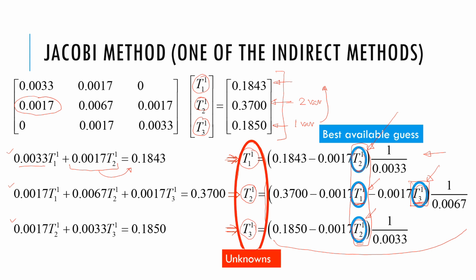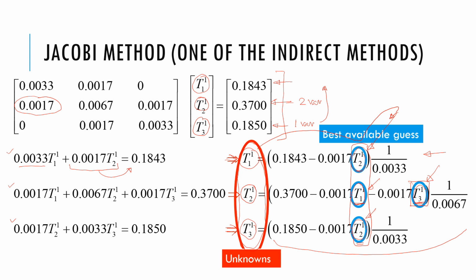And hopefully it does improve, and in general it does improve. And so we take the newly calculated values, and in my next iteration I plug them back in here.